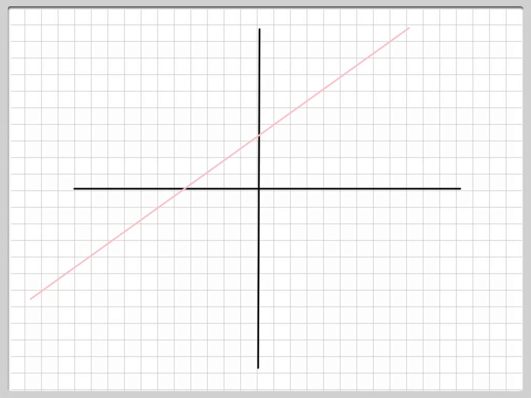So here's one, there's another, and you can see when you have more than one line, it's totally possible for them to intersect at a point. So what we need to do is figure out some ways of doing that. For us, the first way is going to be graphical.